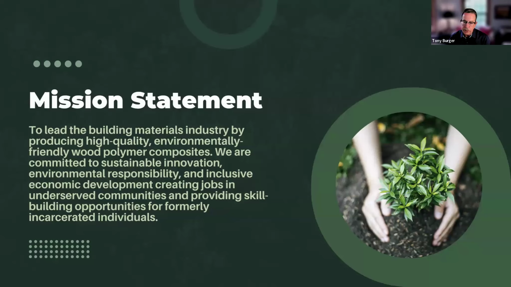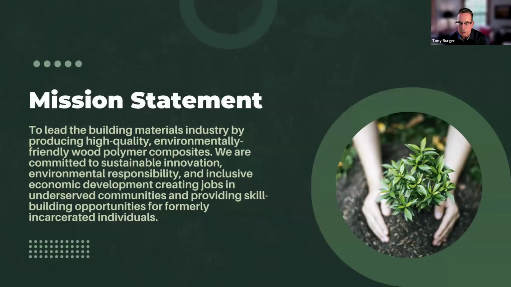So those that we will be employing in the federal penitentiary system are way less likely to end up incarcerated, because they're going to have skills that will allow them to support their families, come back into society in a meaningful way. And while they're working for us, we're paying them the full Department of Labor standard classification rate for that job.